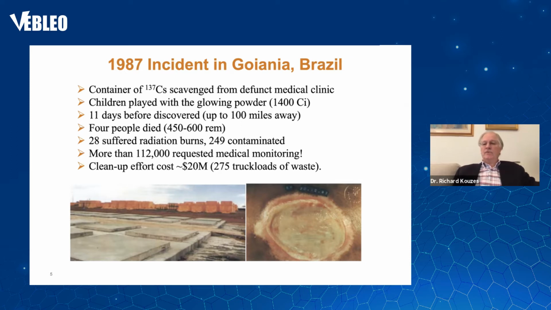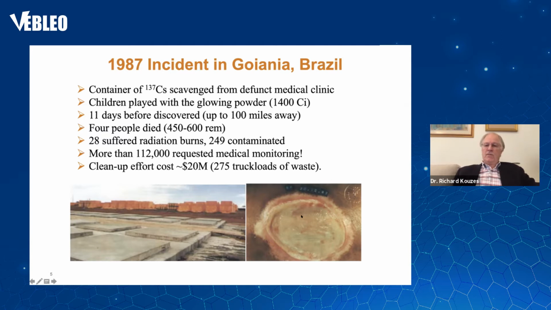As a result of this accident, 4 people died: the junkyard owner, his wife, his child, and one of the workers at the junkyard. 28 others suffered burns, and 250 or so were contaminated. But the point of this is that 112,000 individuals sought medical care because they were concerned about this event. They hadn't necessarily been exposed, but they overwhelmed the medical community with their concerns.